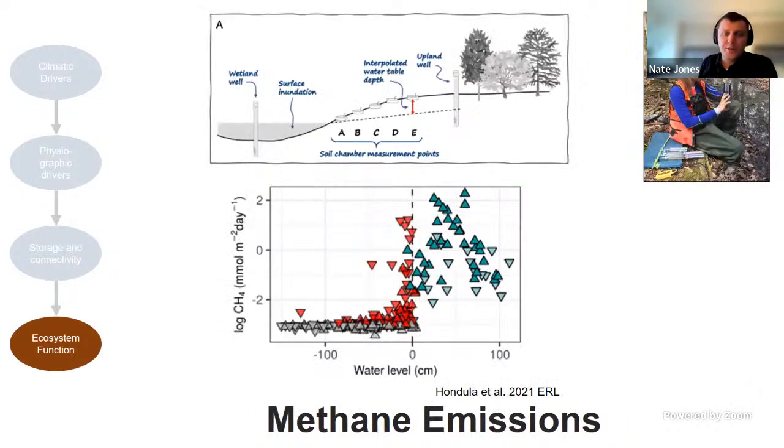Kelly Hondula, who's a postdoc at ASU right now, also looked at methane fluxes along this gradient, and she found there's a ton of variability. So this plot here is looking at water level when she took the measurement on the x-axis, and methane flux on the y-axis, and what she found is really the only time that we saw significant methane fluxes is when there was inundation, which actually was kind of surprising to us.